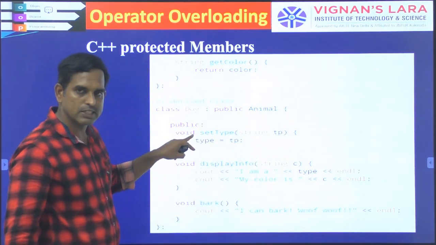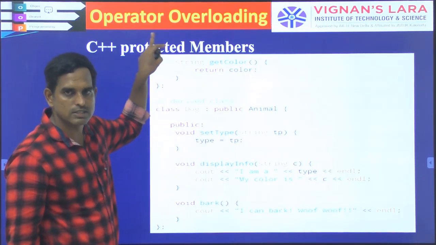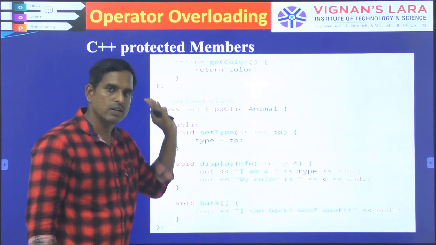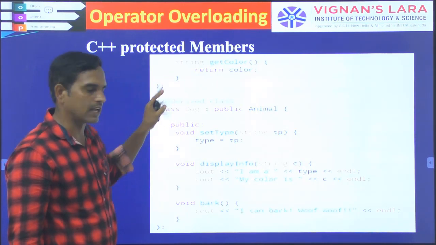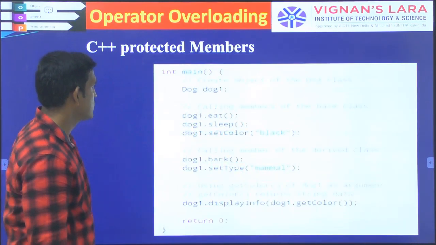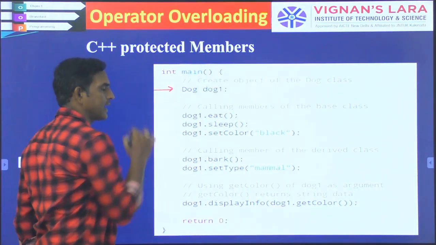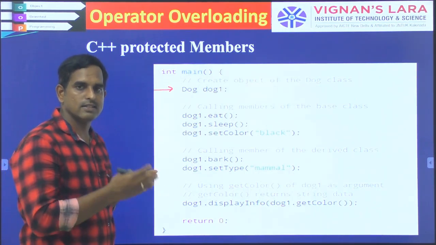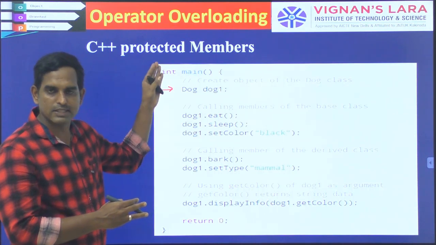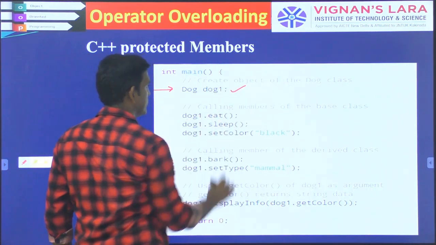What you have to understand is this particular set type method. In the set type method, you can see that you are using your type variable. This type variable is declared as protected in your main class, or what you can call the base class. If you see the main, since your dog class is the derived class, it can access its own methods as well as the methods of your base class. So you are creating dog1 object.